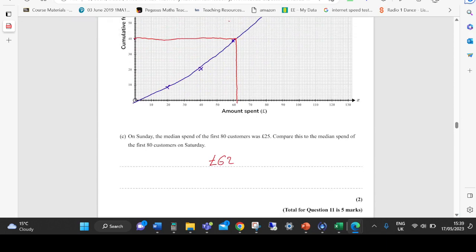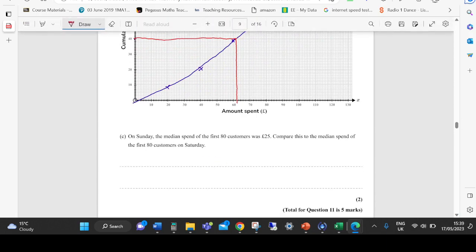Compare this to the median. So that's actually the median we were asked to compare. So it seems like I might have miscalculated somewhere. We're comparing £62 to £25. So assuming that's right, although it's giving me a little bit of anxiety, I'm thinking that might be wrong because there's such a big gap.